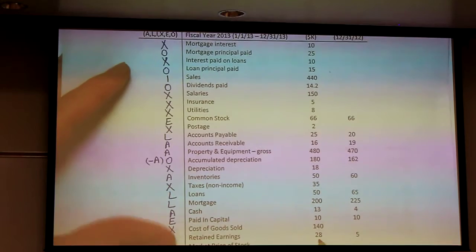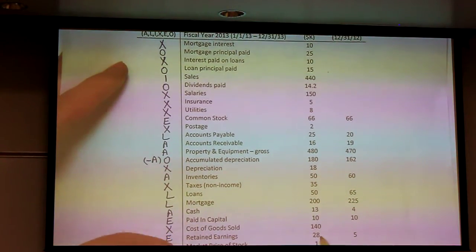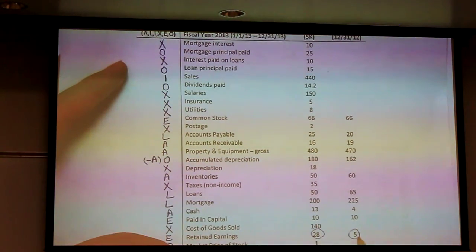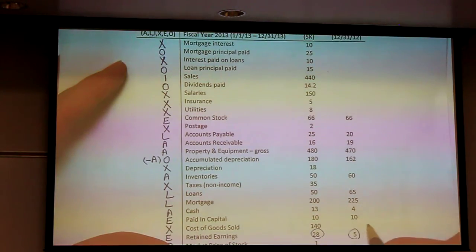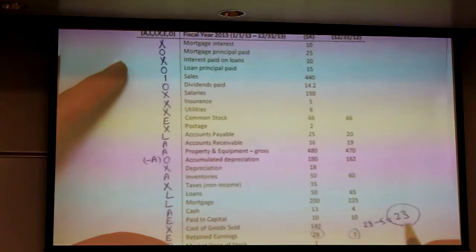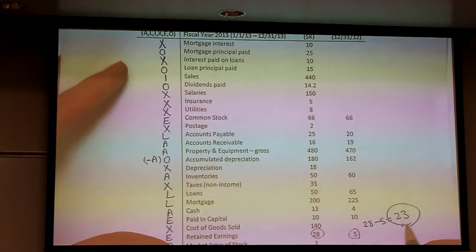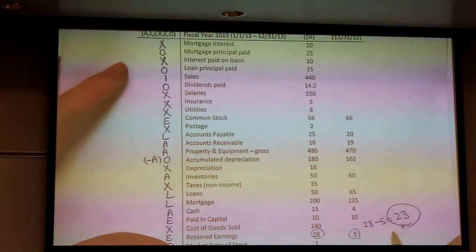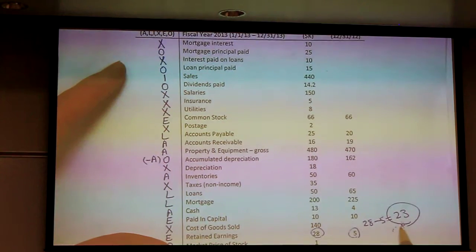Sorry, 28 minus 5, because 28 is at the end, 5 is coming from last year. So 23 should be the end number in your income statement. Guys, remember to check your income statement and make sure your numbers match the retained earnings in the given table.